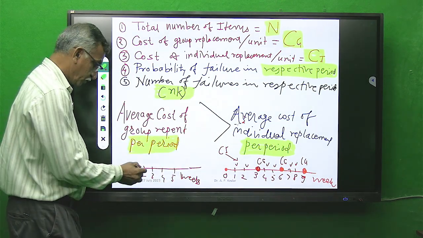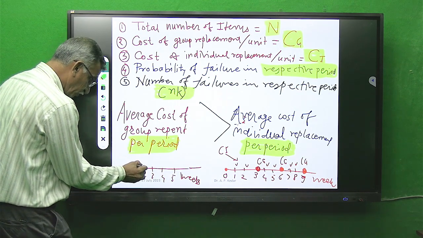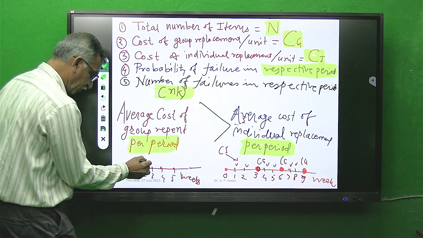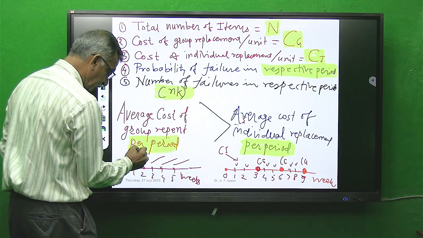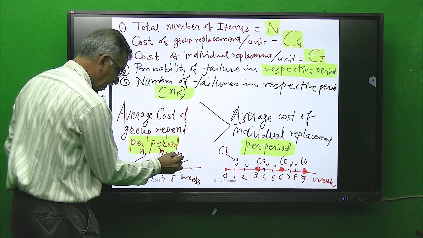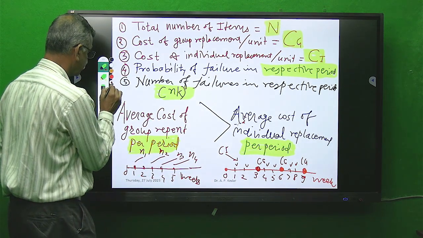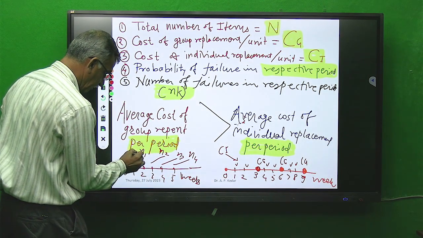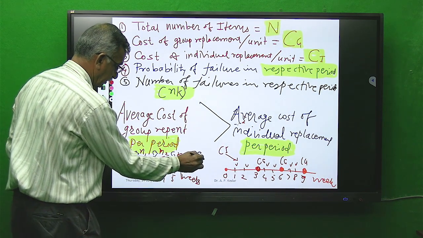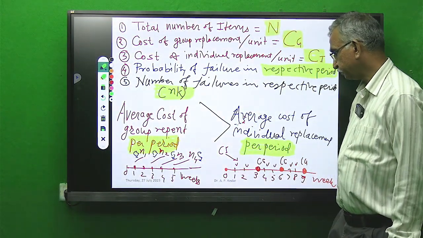So what will you do? You will replace after every week, after every period, the failed components with cost CI. So this is how the analysis goes.